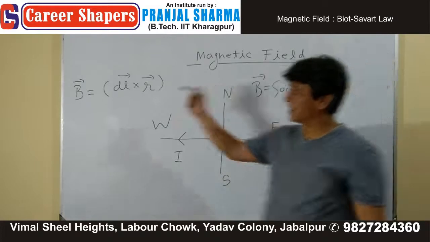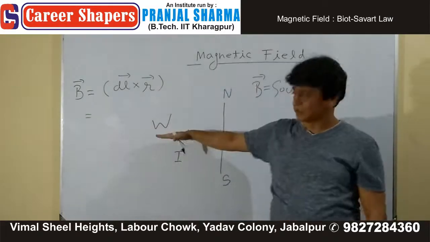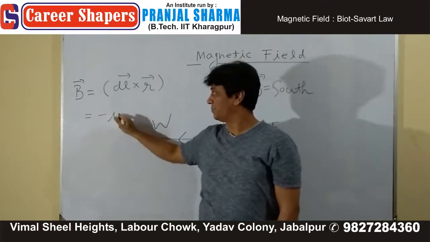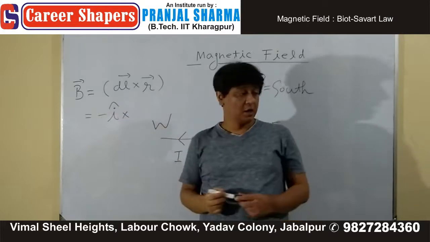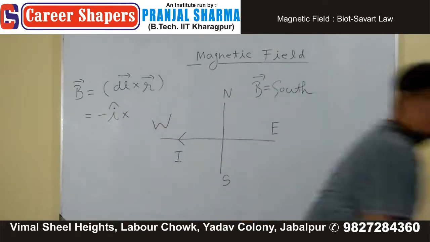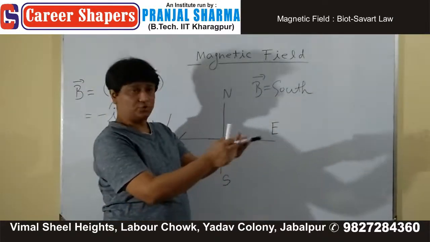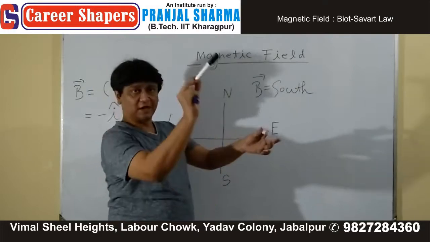You can always take help of this. What is dl? This in the direction of current, minus i cap. Cross. Now keep everything in the actual horizontal plane to avoid confusion. That's your wire.